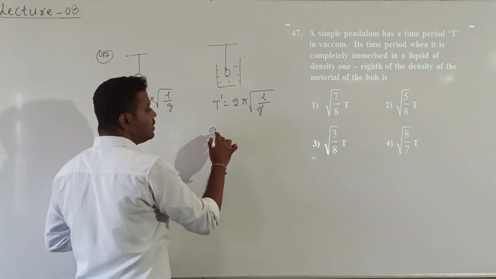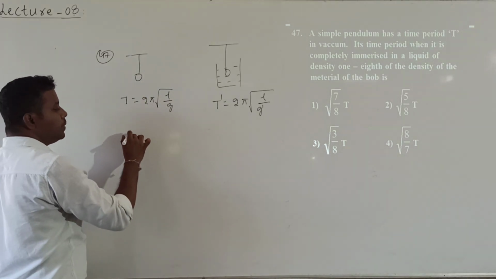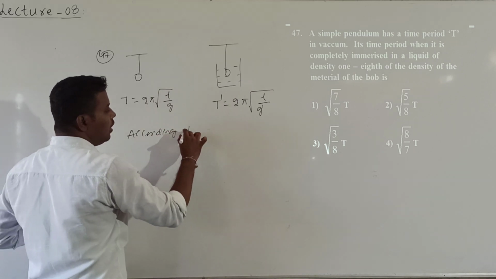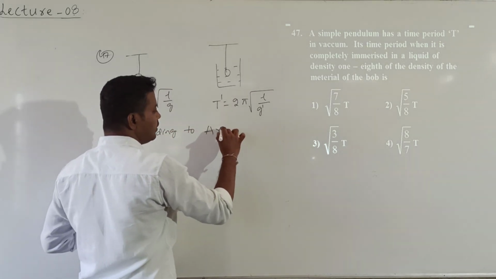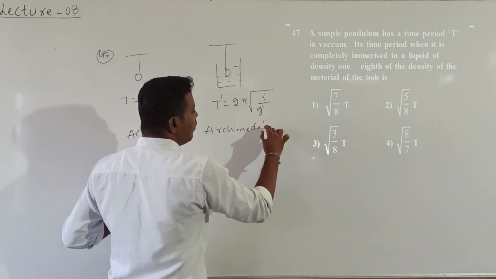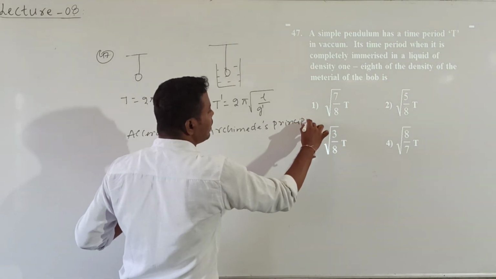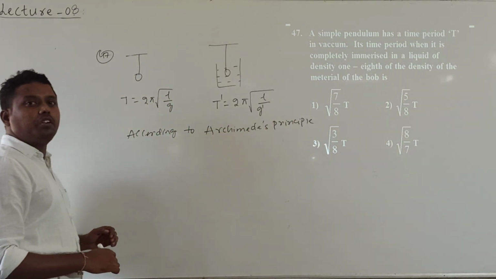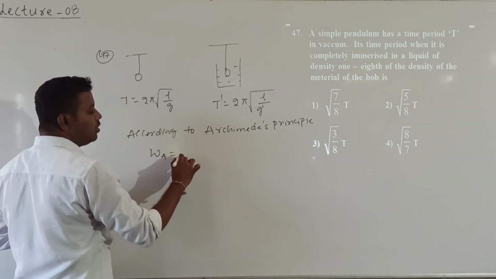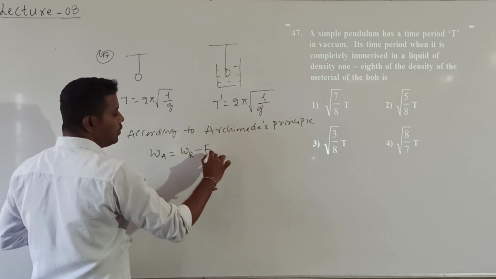Now g dash, you know, according to Archimedes principle. Whenever a body is partially or completely immersed in a liquid, the weight of the body appears to be decreased. So the apparent weight of the body will be equal to the true weight of the body minus the buoyant force.